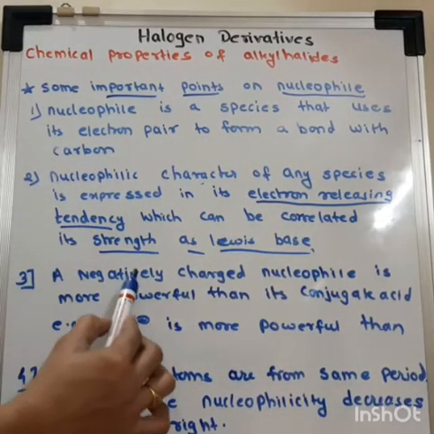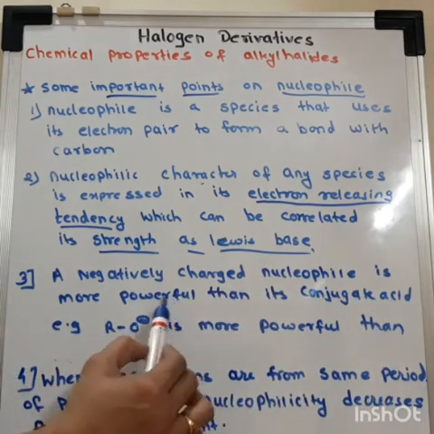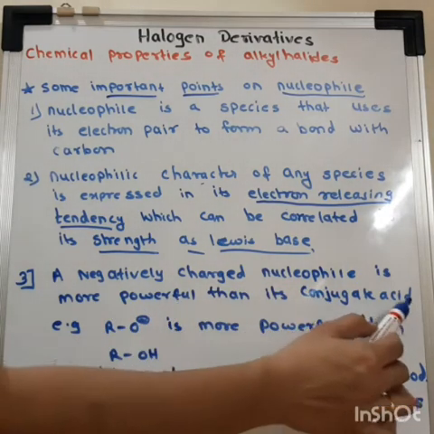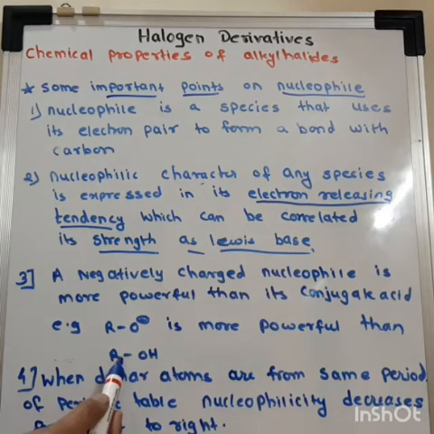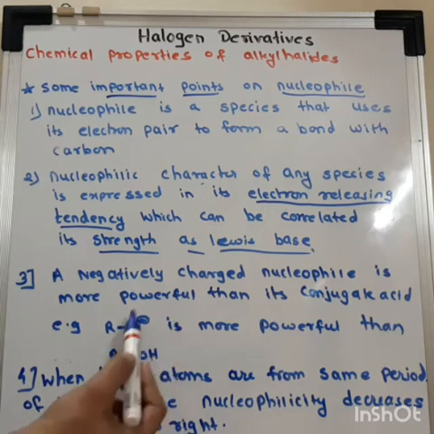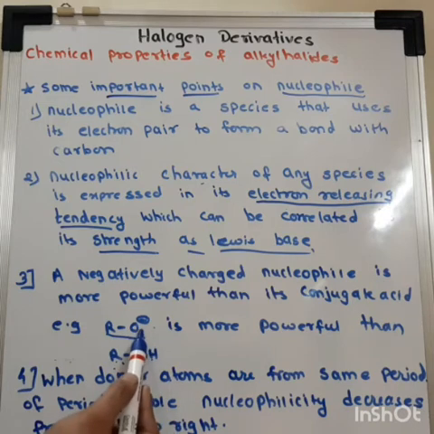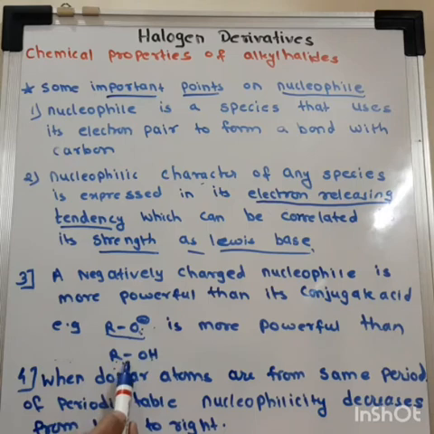Third, a negatively charged nucleophile is more powerful than its conjugate acid. Let's take the example of ROH. This is the conjugate acid of the negatively charged nucleophile RO-. RO- is the stronger, more powerful nucleophile than its conjugate acid ROH.